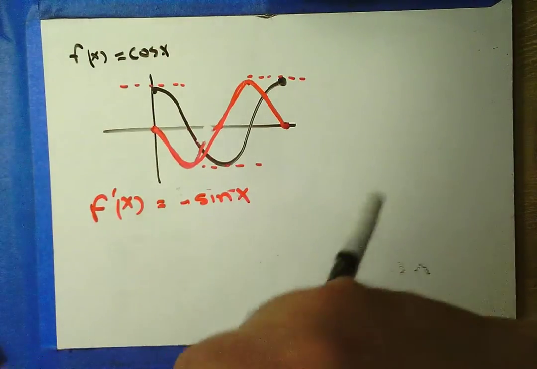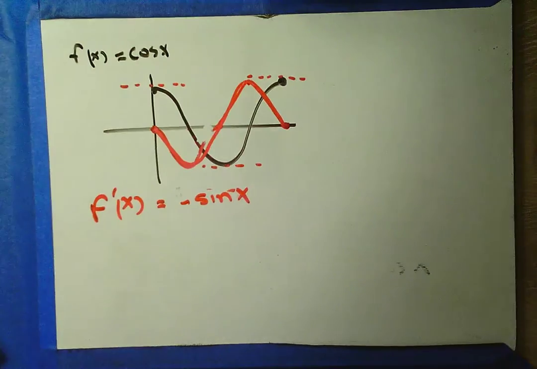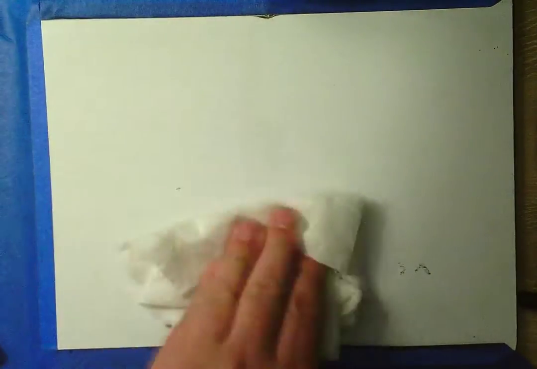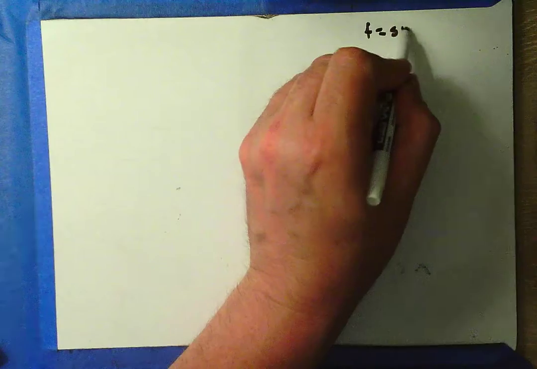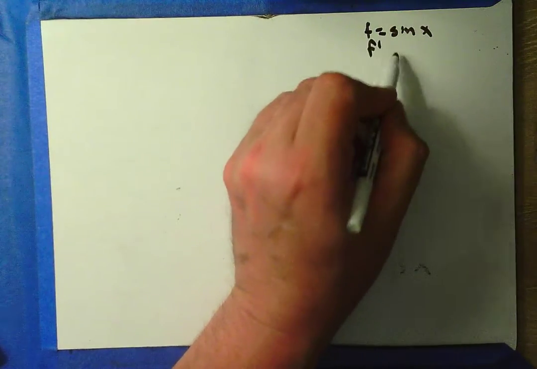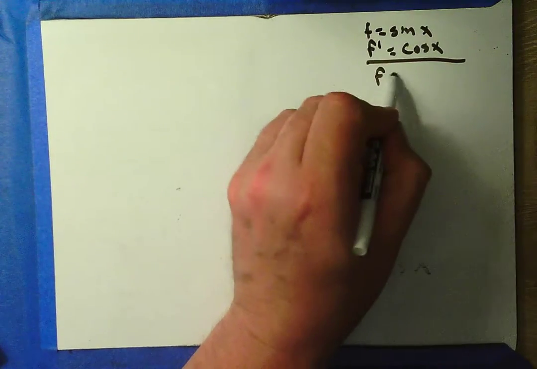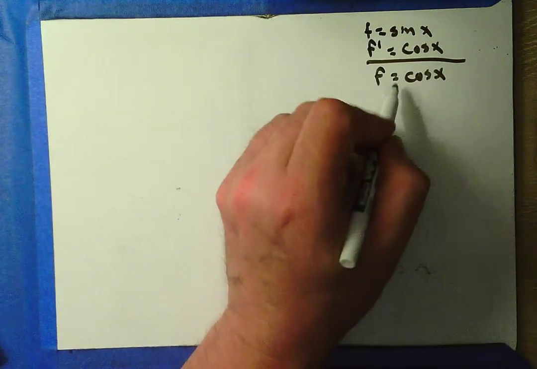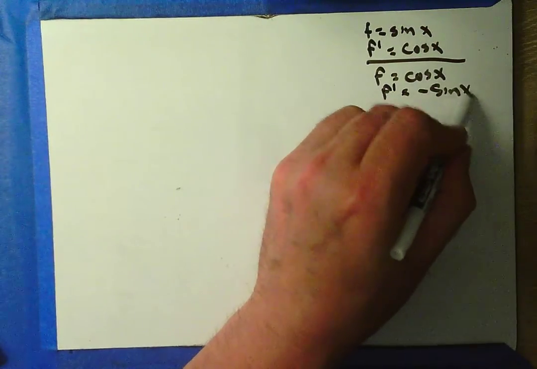Okay, so we've got our first two trig derivative shortcuts. Sine's derivative is cosine. F equals sine x, f prime equals cosine x. F equals cosine x, and f prime equals minus sine x.